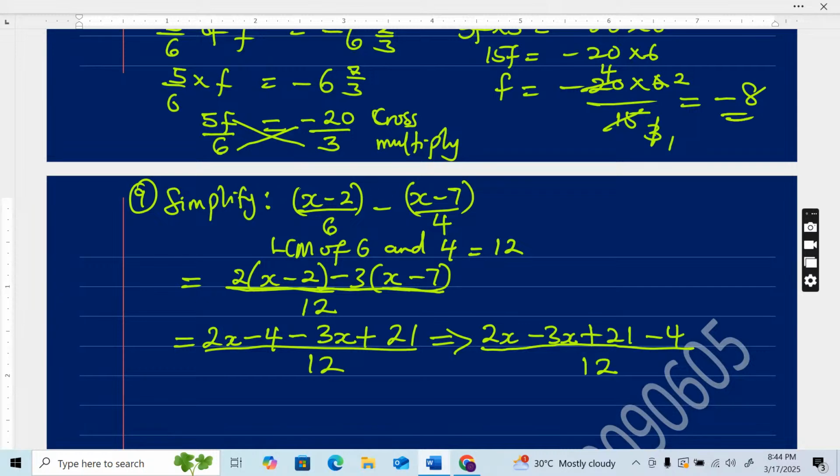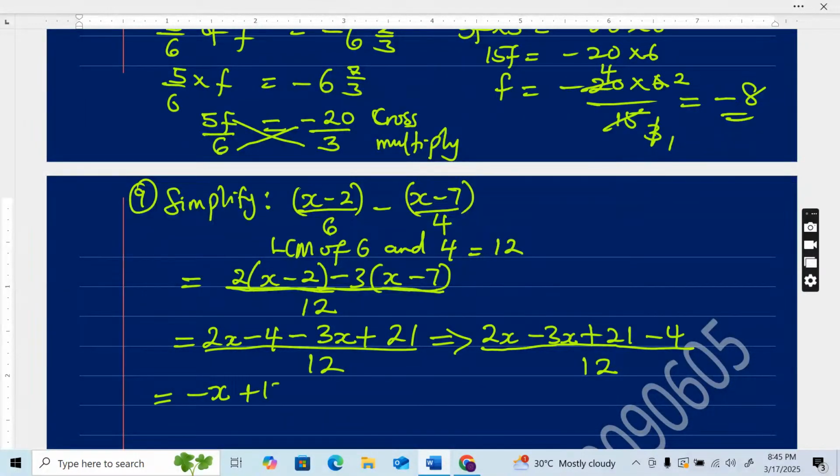Now, 2x minus 3x is equal to minus x. Somebody will say minus 1. Yes, 2 minus 3 is 1, but this time it is in term. 2x minus 3x, that will give us minus x. Then plus 21 minus 4 will give us plus 17.